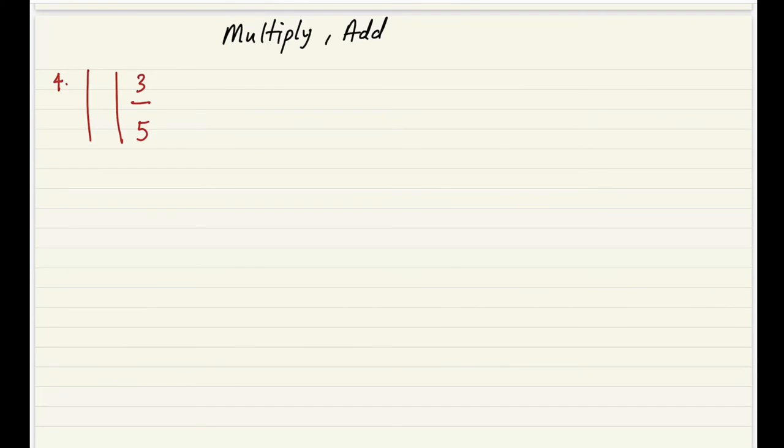11 whole, 3 out of 5. I'm going to rewrite the question. 11 whole, 3 out of 5. And I'm also going to write the denominator, which is 5 here for my answer. The first thing we do is multiply. So multiply the bottom with the whole number. It then becomes 11 times 5, which is 55.